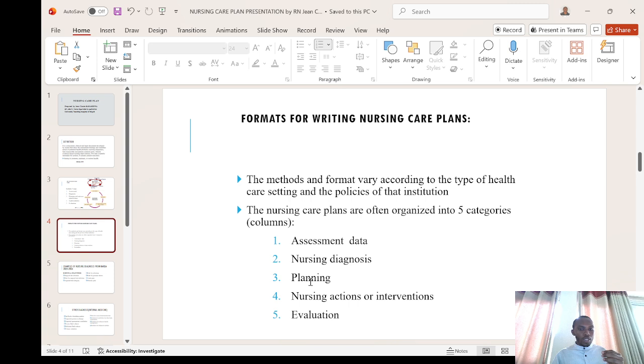The next column will be planning, where we list the goal in a SMART way. Then you will have an intervention based on this nursing diagnosis and planning you've done. This intervention should have a rationale, the scientific reason why you are intervening in that way. Are there scientific evidences that can justify your intervention? Then later you show an evaluation column, where you will evaluate the set objective.